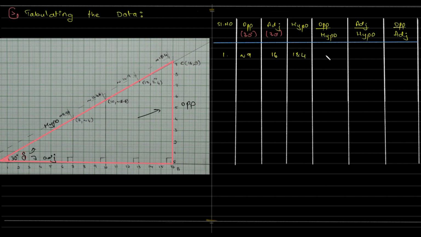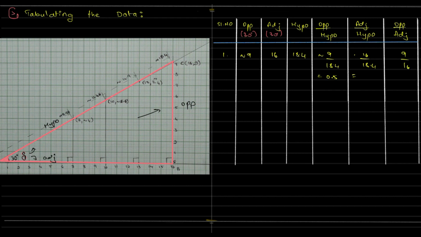So the next step is to take the ratio 9 by 18.4, approximately 0.5. Then next is adjacent, 16 divided by 18.4, and then opposite divided by adjacent, 9 by 16.